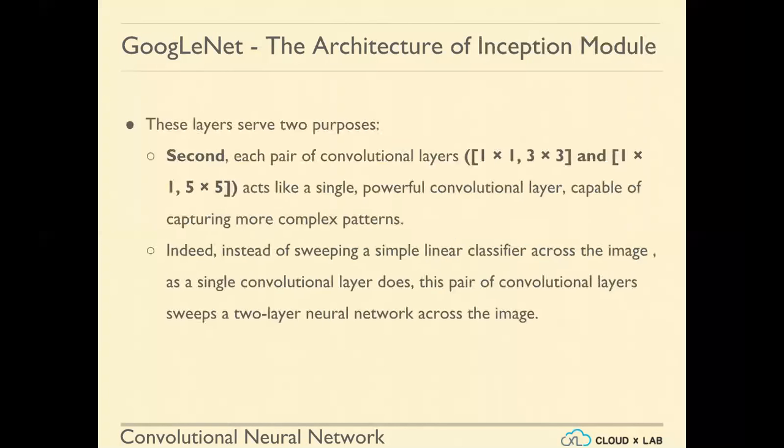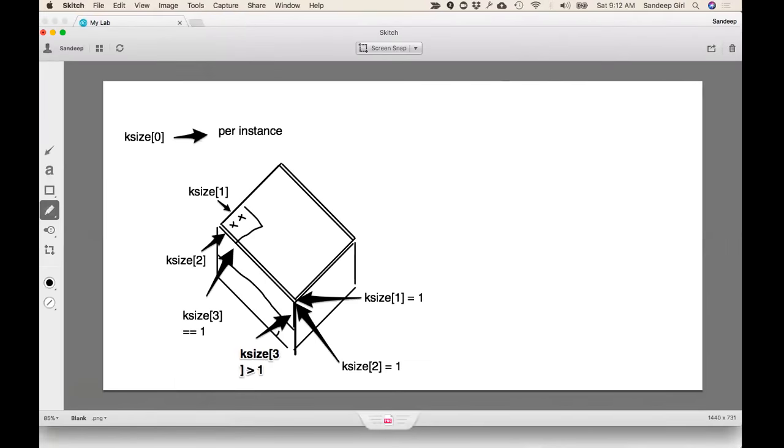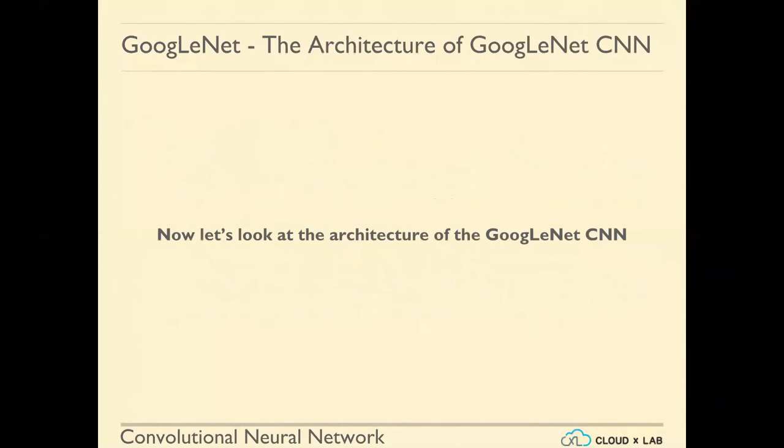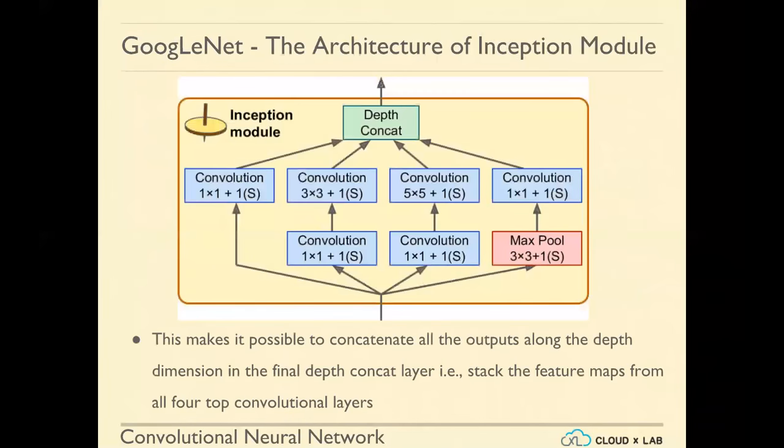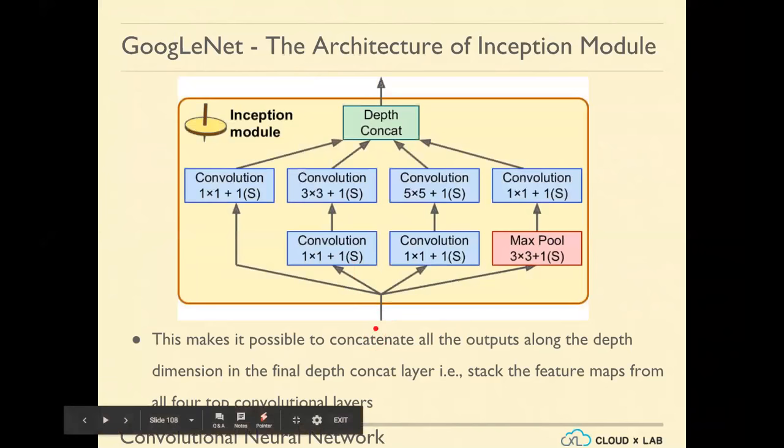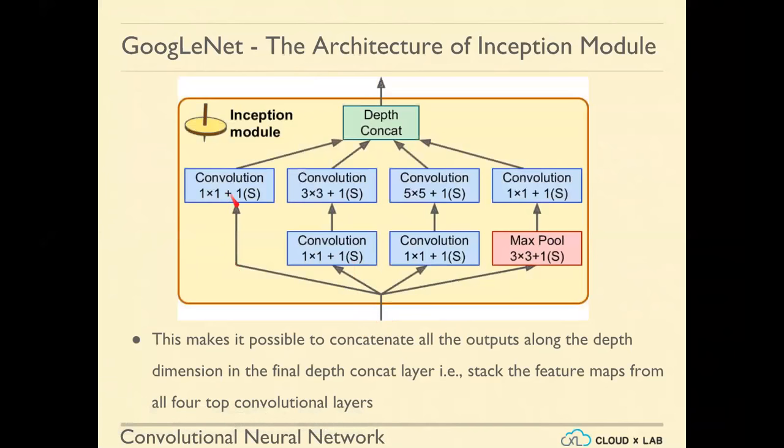Okay, so essentially it is two layers being applied on a single part of the image, a single image, right? Let me just go back here. So let's say we have an input image. The same image goes here, here, here, and here.